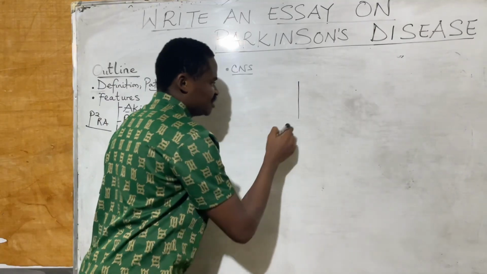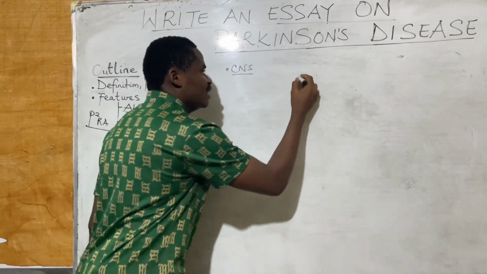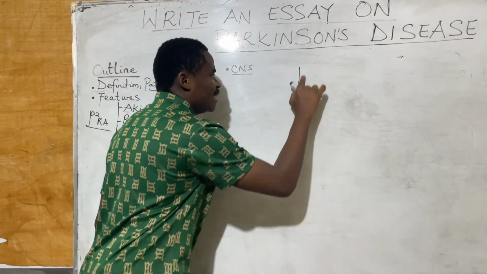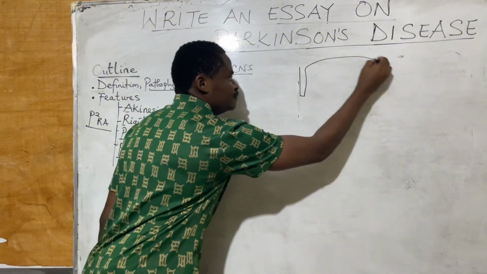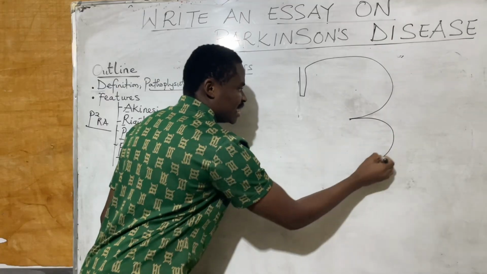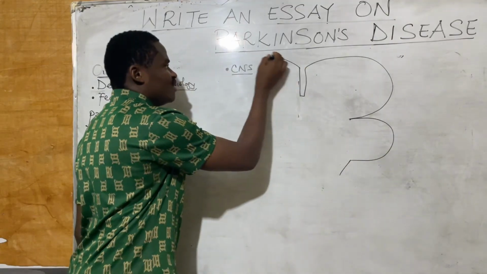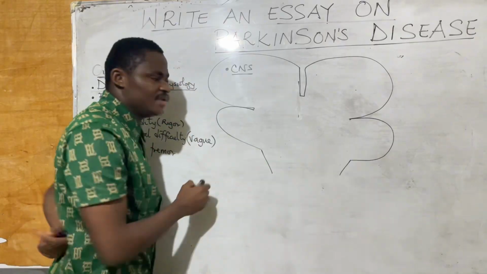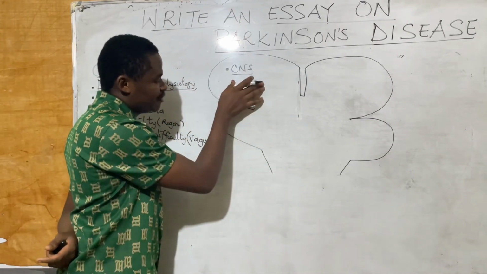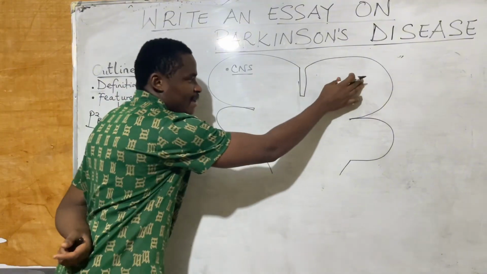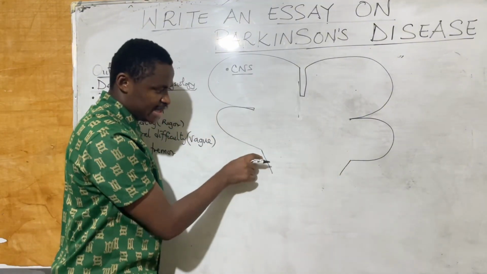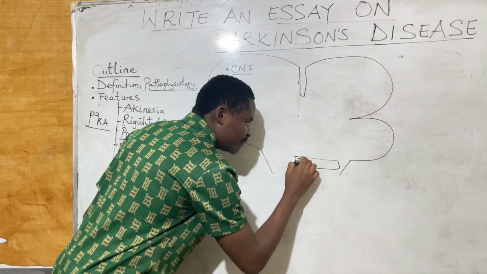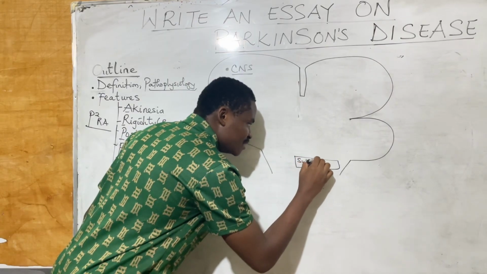For pathophysiology, I'm going to draw for you the diagram I had done. If you want to learn about the basal ganglia in detail, you can watch the other videos which I have already done. Now, in a diagram like this, we have the parietal lobe, the temporal lobe, and then the midbrain. In the midbrain, we have a structure called the substantia nigra.